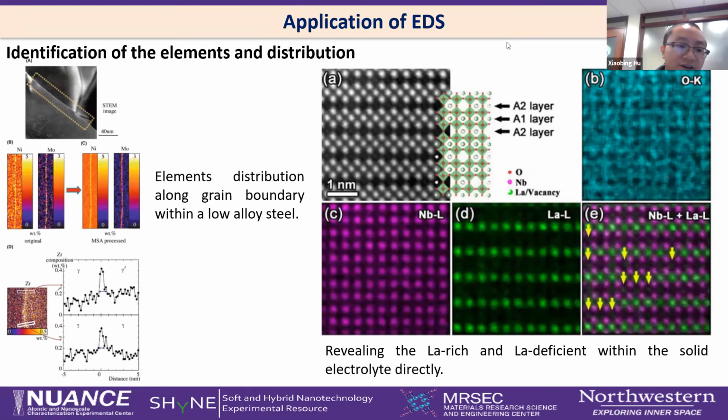You can see some segregation at the grain boundary, and you can even see atoms at atomic resolution if your EDS detector is good. For this one, we can see the vacancy layer of lanthanum within a solid electrolyte. But this one is only qualitative. We do not do quantification.